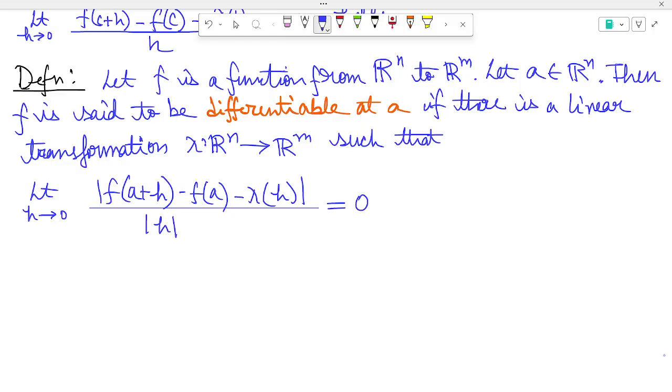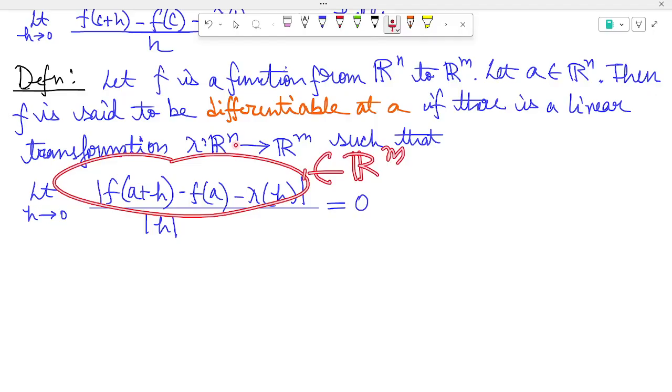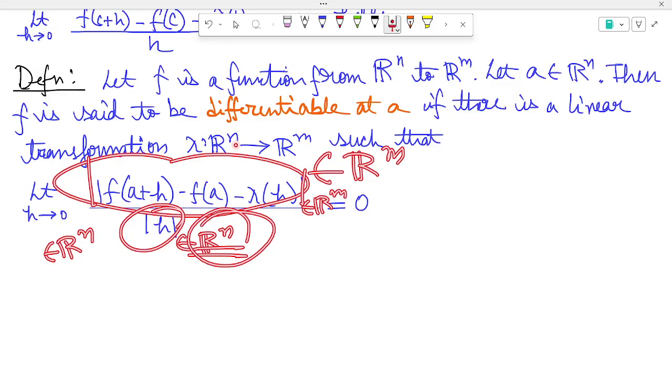Observe that this belongs to Rm, so this modulus is taken in Rm, and h is a point of the domain Rn, so this norm belongs to Rn. So these two mods are different.